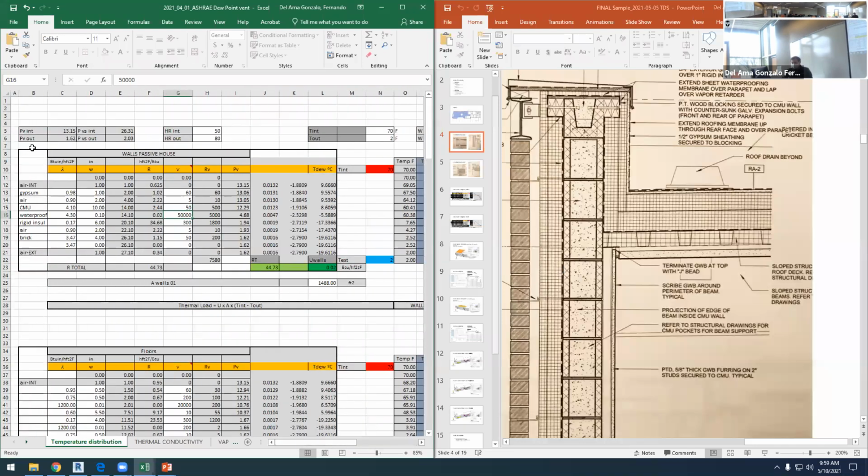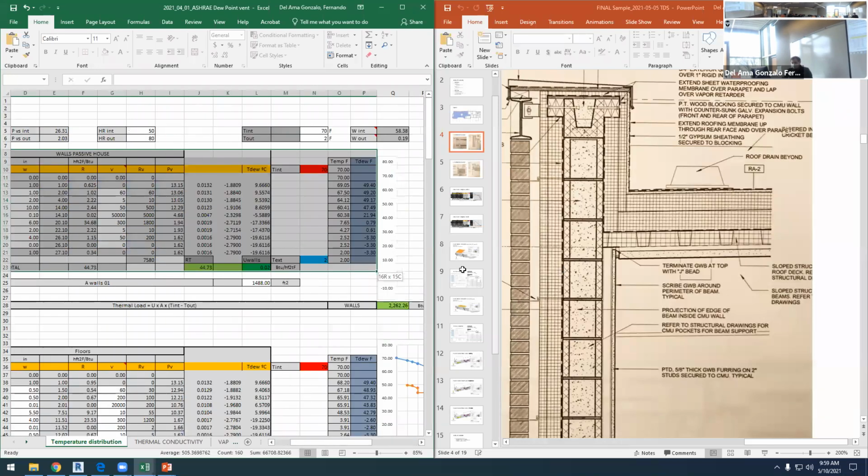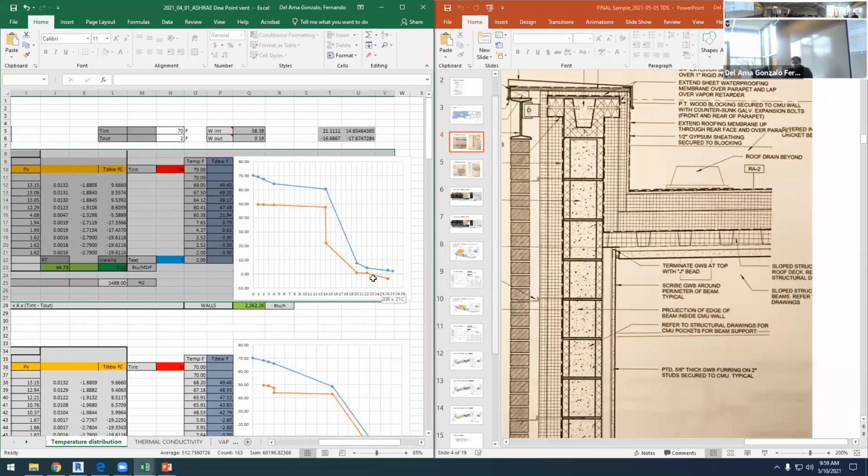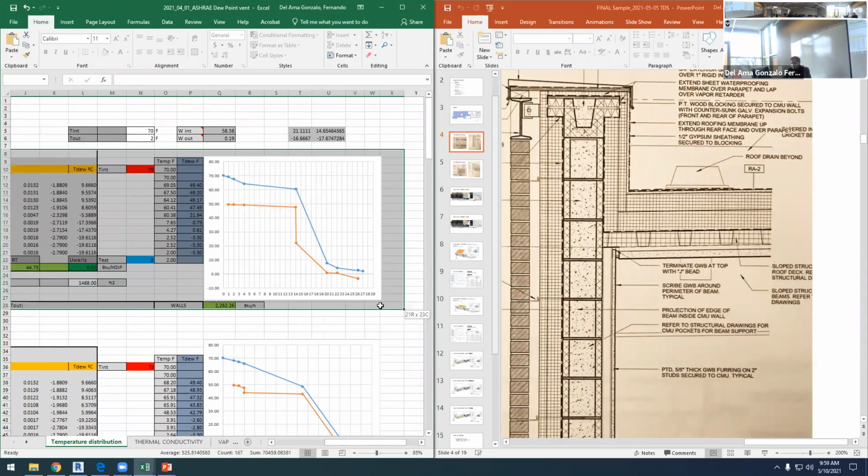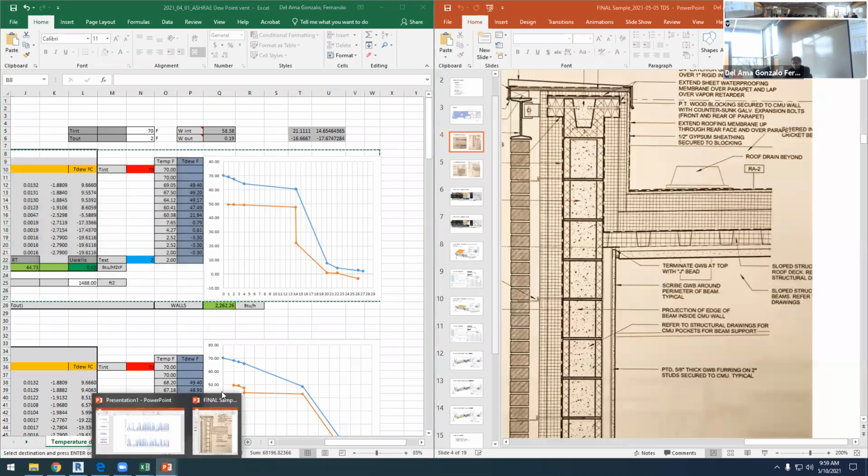You have to copy this chart. If you can show me that you have solved the condensation risk, that would be great.